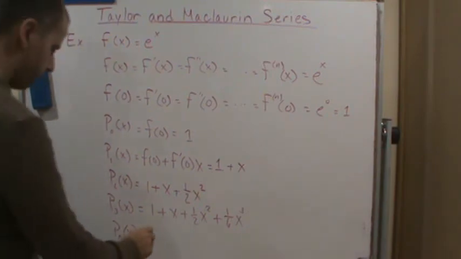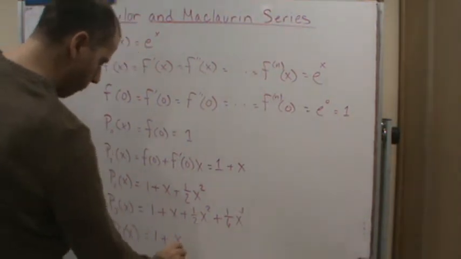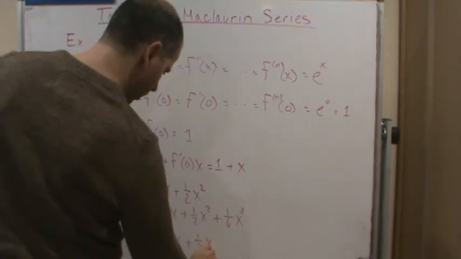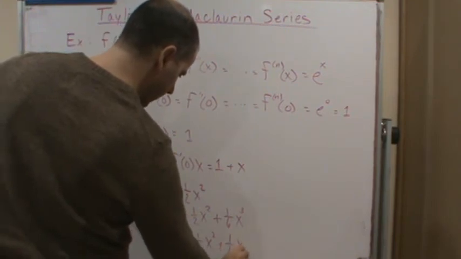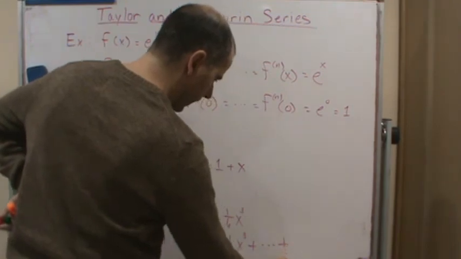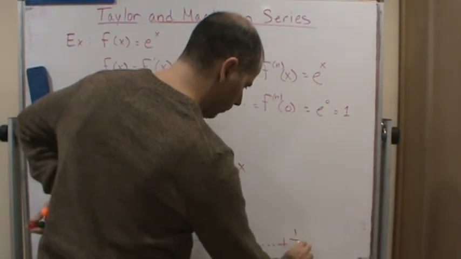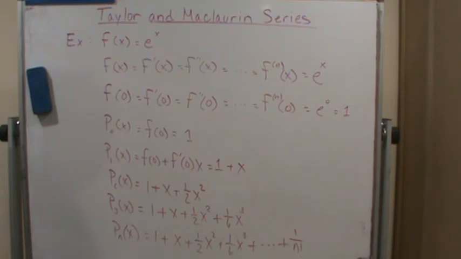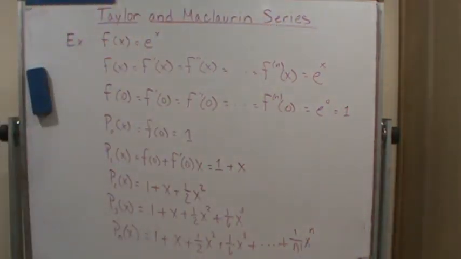So we have 1 plus x plus 1/2 x squared plus 1/6 x to the third plus dot dot dot. And so the nth term is going to be 1 over n factorial x to the nth power.